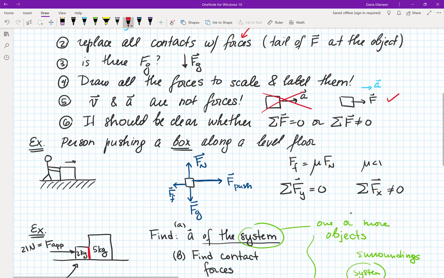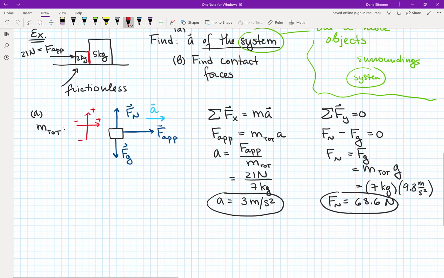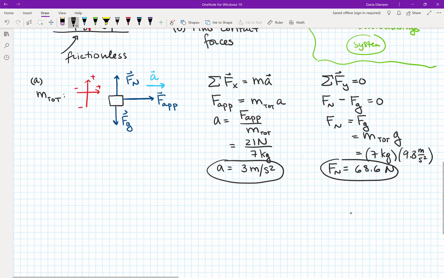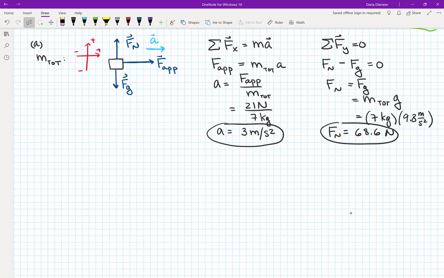So free body diagram only shows external forces, and that contact is internal to the system. So in order to address the contact forces that happen along that surface, we have to break the system into two objects. Sometimes that's what you gotta do. You have to draw a separate free body diagram for each object.